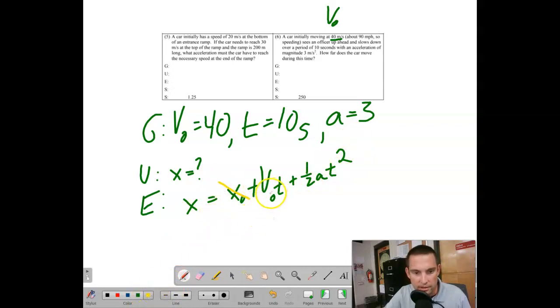Initial velocity is 40. Plug that in. 40 times 10 is 400, plus half of a, so 1.5, times t squared, which is 100. 1.5 times 100 is going to be 150. So we have x equals 550. That's the right answer, right?